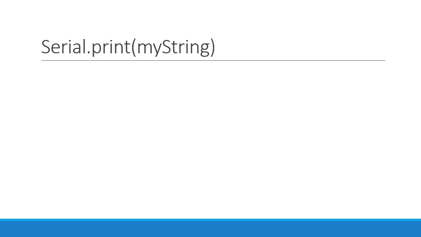Exactly. So the Serial.print function in Arduino is used to print whatever is inside the bracket, this thing I call myString, to the serial monitor, which is like your console here in Arduino.